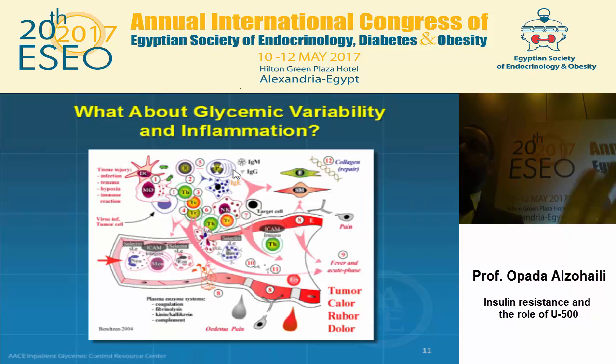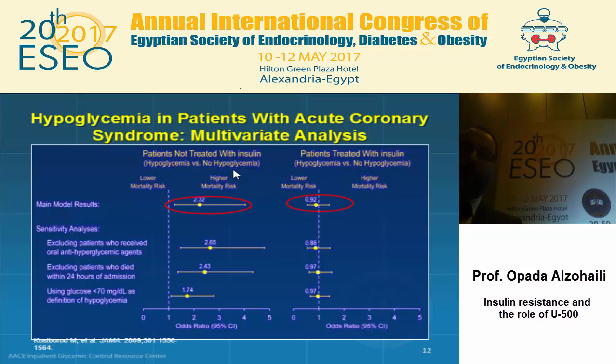Maybe again, this is a really too complex slide, but it's just showing that cardiovascular disease is really a big part of inflammation, and glycemic variability rather than hyperglycemia is the main culprit for inflammation that leads to atherosclerosis. And we see here also that hypoglycemia is another factor by itself.